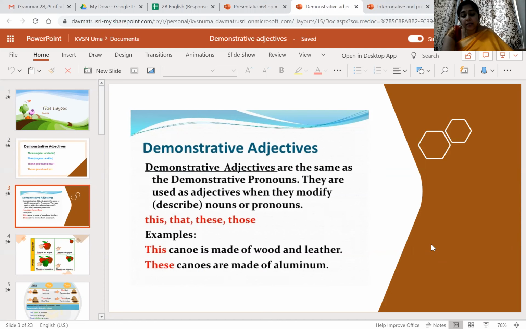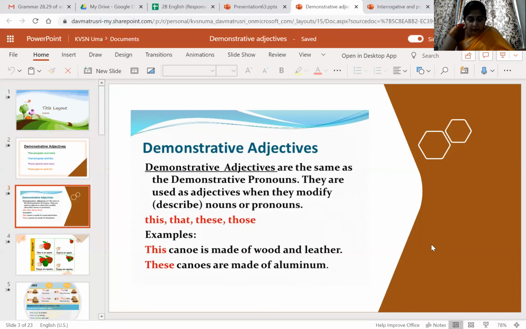Like, these mangoes are sweet. Which mangoes? These mangoes. So these is called as demonstrative adjective. This shirt is blue. Which shirt? This shirt. So this is termed as demonstrative adjective. That way also you can identify easily the demonstrative adjectives.